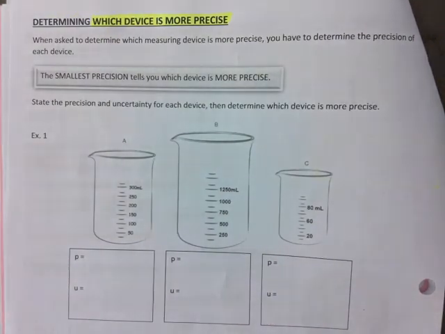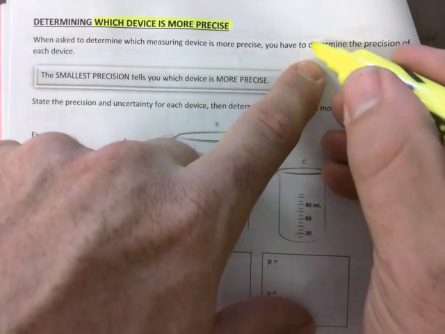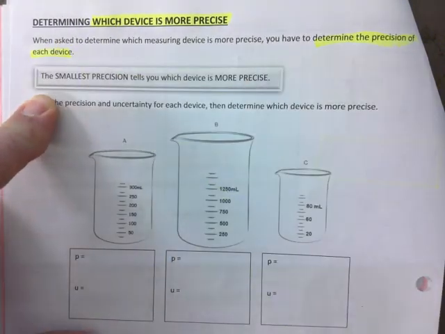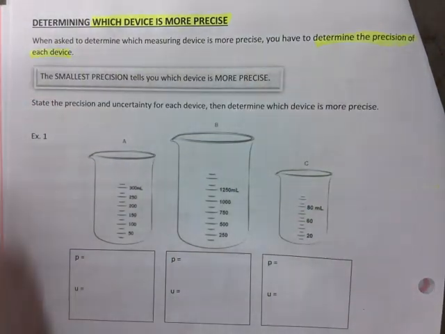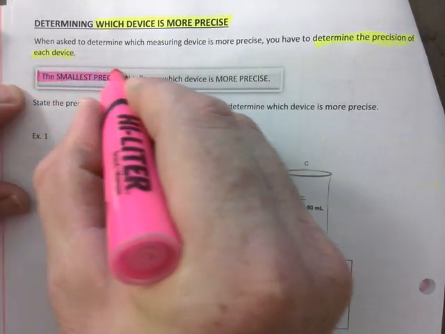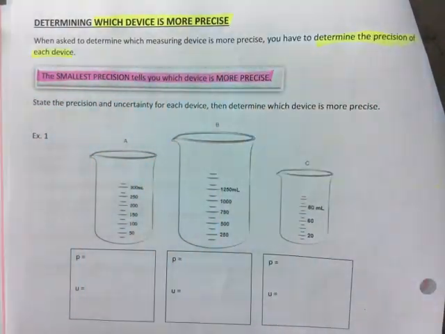All right, when asked to determine which measuring device is more precise, you have to determine the precision of each device. And here's the kicker. I'm going to use a different highlighter for this one. This is basically, in a nutshell, what you need to show.